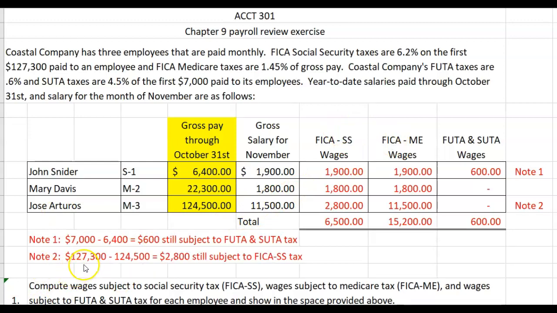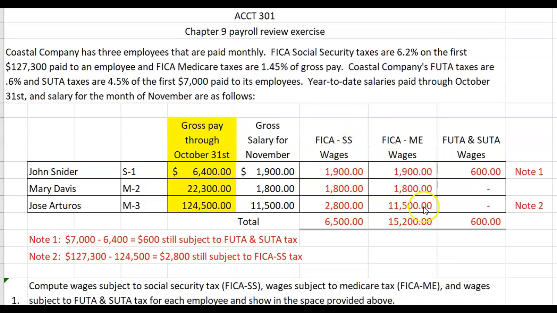And the easiest way to calculate how much is subject to Social Security tax is to subtract from the $127,300 wage base the amount on which Social Security tax has already been fully paid for Jose, and that still leaves $2,800 still subject for the rest of the calendar year to Social Security tax for Jose Arturos. So $2,800 of Jose's November salary is subject to Social Security tax.